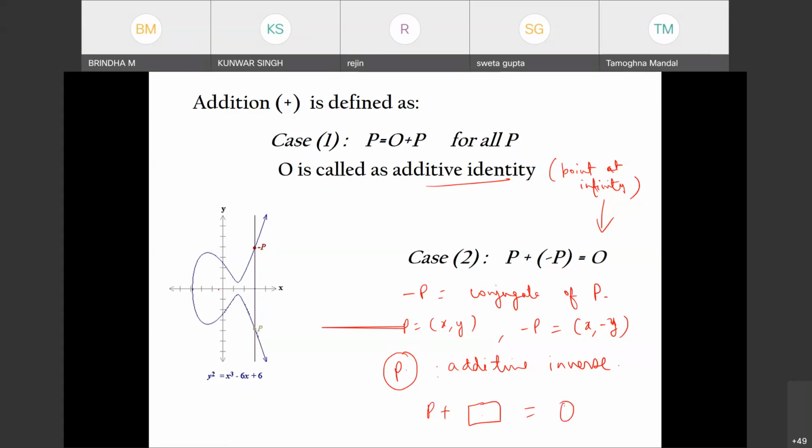So P, already you have defined P plus the conjugate of P. So the additive inverse is the conjugate of P, minus P, because we have defined it here. If you add these, you will get the point at infinity. Okay. So this forms the group.